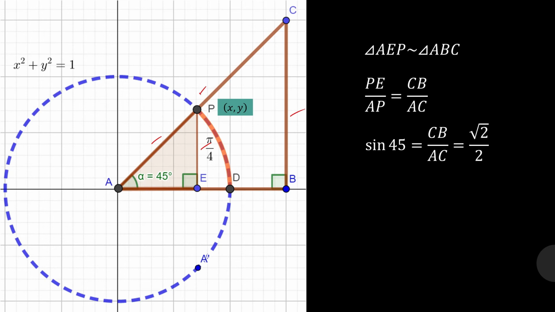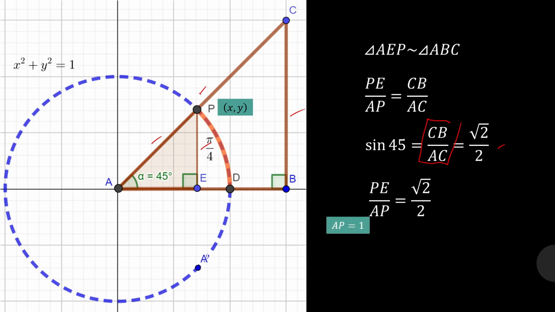We already know what is sine of 45 degrees. We spoke about it 2 or 3 videos ago. Sine of 45 degrees, which is opposite over the hypotenuse, is equal to square root of 2 over 2. So that means PE over AP is also equal to square root of 2 over 2.